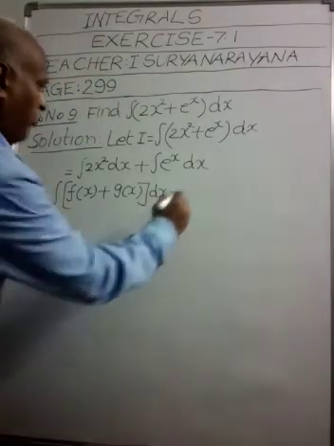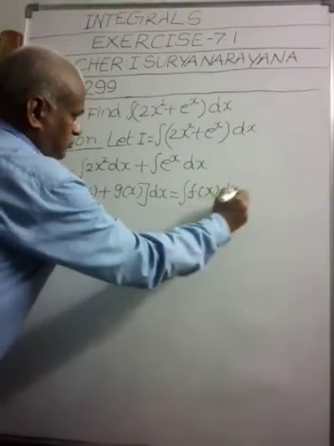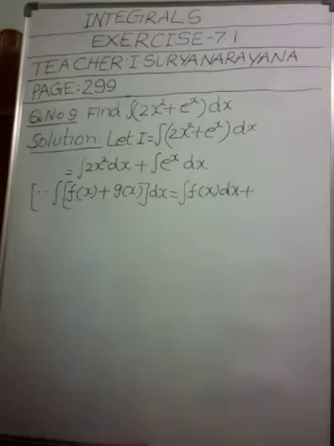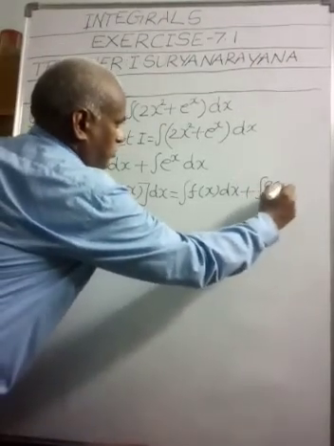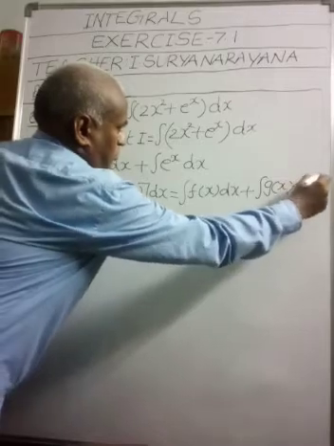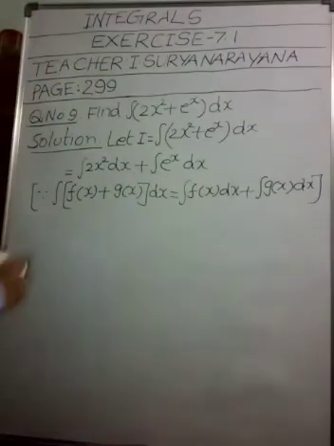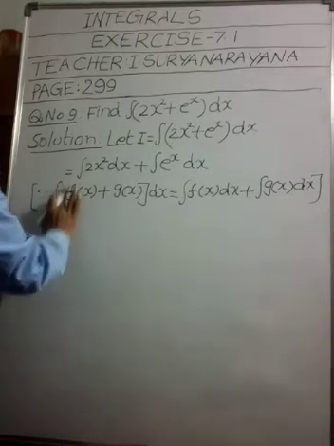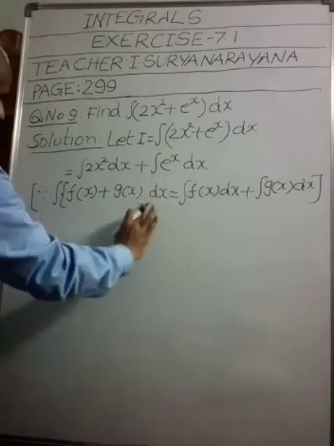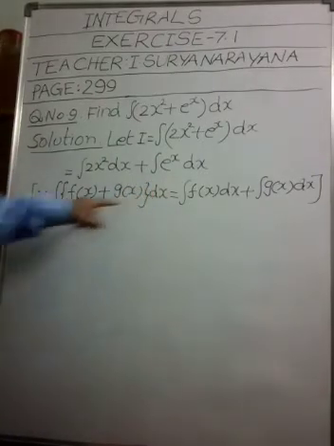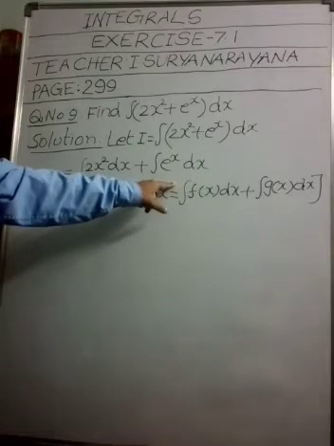So integral f of x dx plus integral g of x dx. Okay my children, understood this step? So by using this property, we wrote this step. Understood this step, my children?